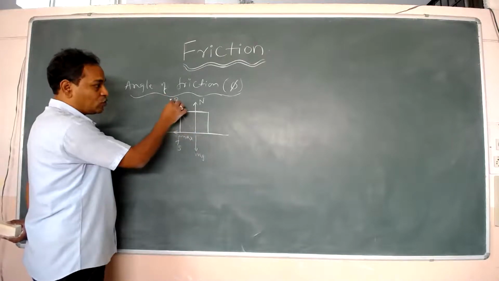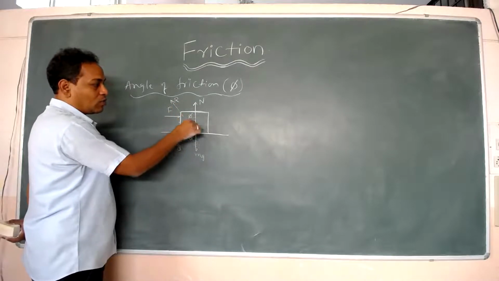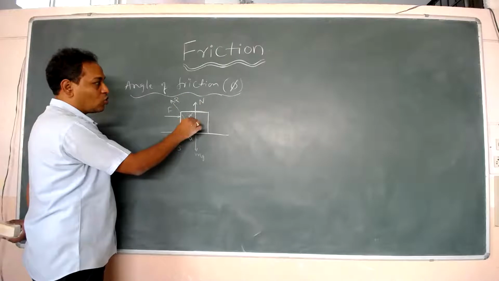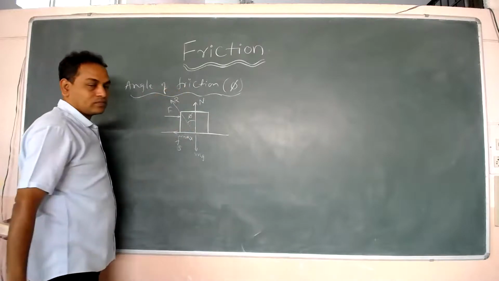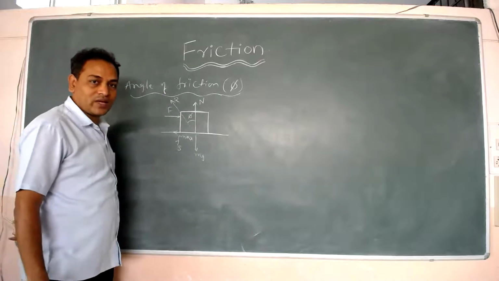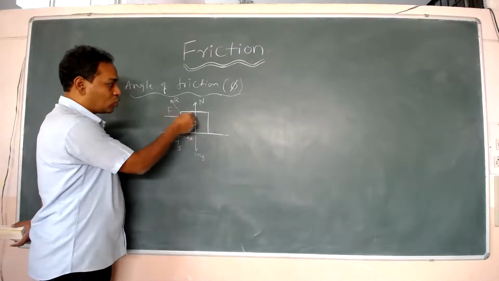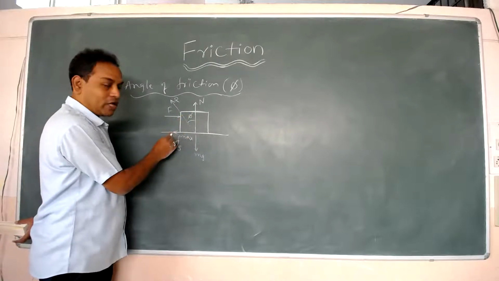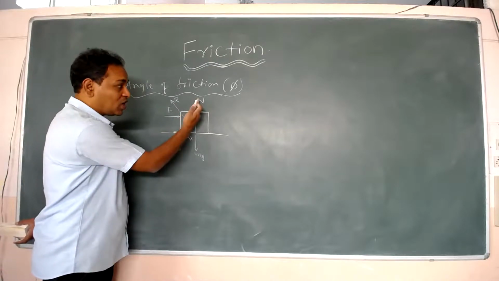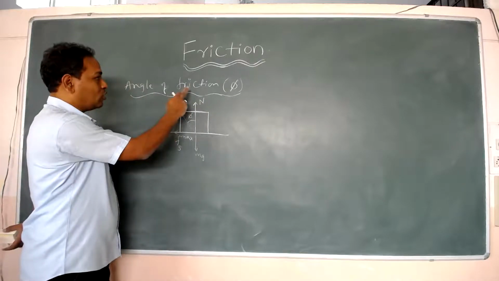This resultant force makes an angle phi with the normal reaction. This angle is called the angle of friction. So angle of friction is defined as the angle made by the resultant of normal reaction and maximum static friction with the normal reaction.